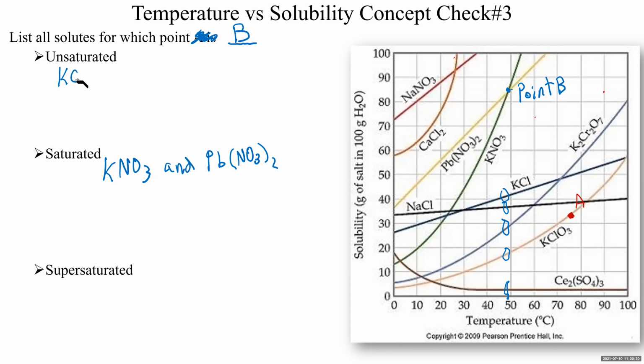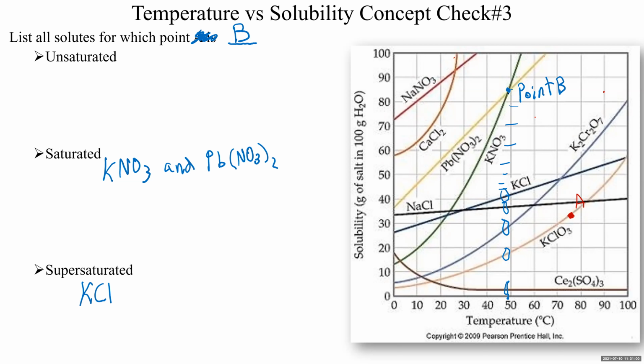Sorry. Supersaturated. Point B lies above all these graphs. So KCl is going to be supersaturated because point B lies above the KCl level. So at 49 degrees, saturation is represented by about 41 grams. But point B represents about 85 grams. So 85 grams is definitely way more grams than KCl can handle at 49 degrees.